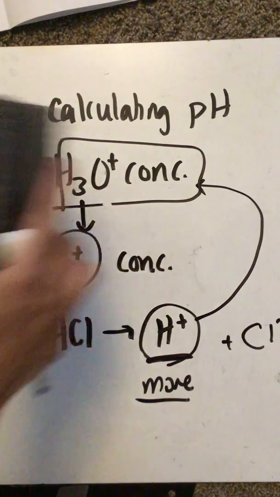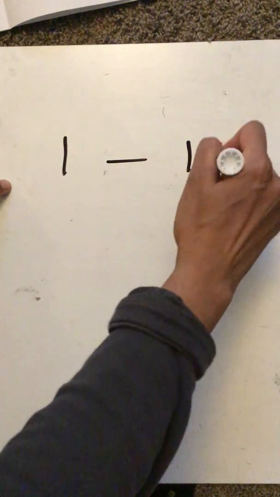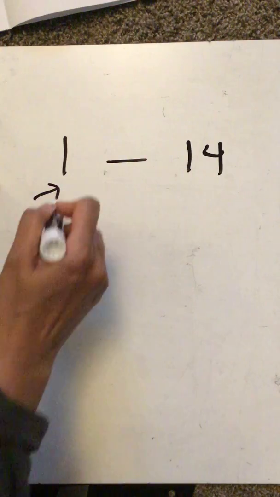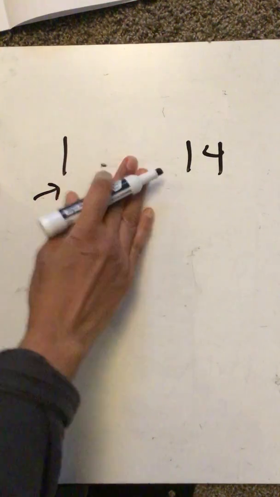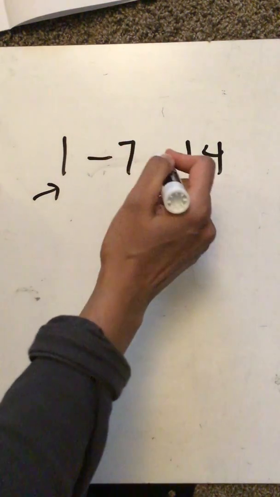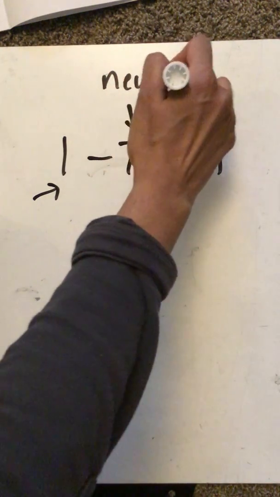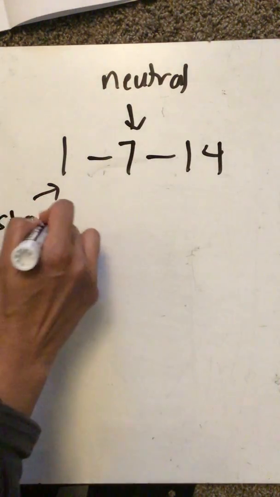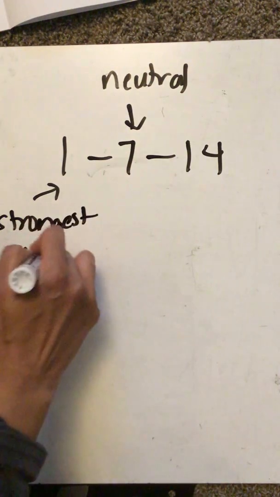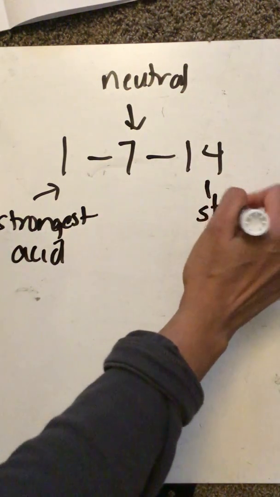You should remember that the pH scale is between 1 and 14, and 7 is sort of neutral. So from 1 to 7, and 7 to 14. So 7 is neutral, 1 is the strongest acid, and 14 is the strongest base.